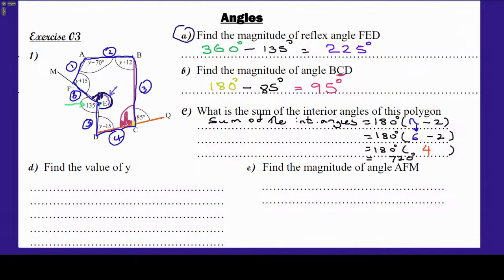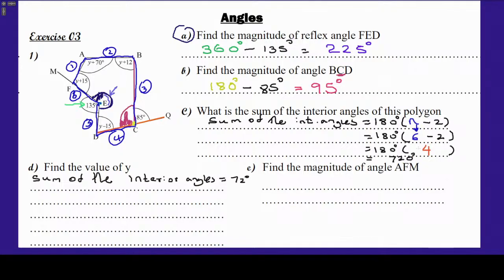We can build an equation based on the sum of the interior angles. So we know the sum of the interior angles is equal to 720 degrees. In question C we found that out.